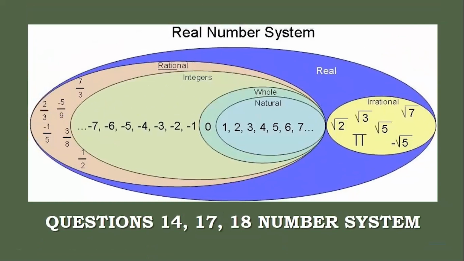The real number system. A very important thing, which is also not easy to understand. Questions 14, 17, and 18 are all about the real number system. Now, the thing is, in the foundation phase we are only teaching natural numbers and whole numbers.